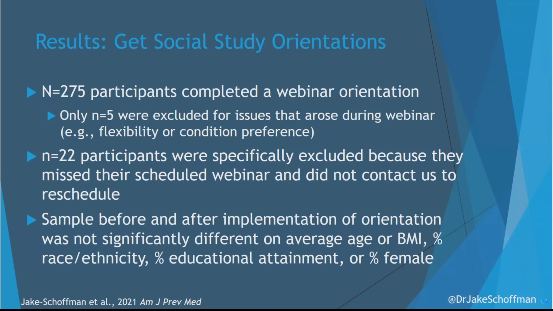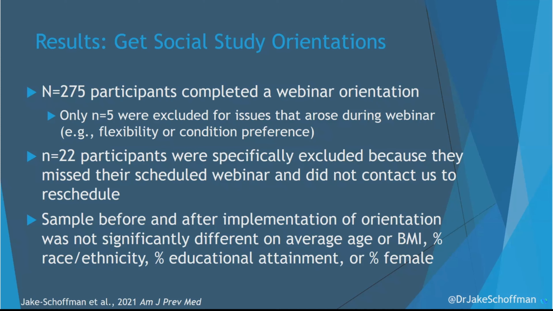And then I just wanted to note quickly that the intent of this procedure was not to be a weed-out, and in practice, that's not how it worked. In this study and across the 3 case studies that we present in our paper, we did some analyses to test a few sample characteristics before and after the implementation.